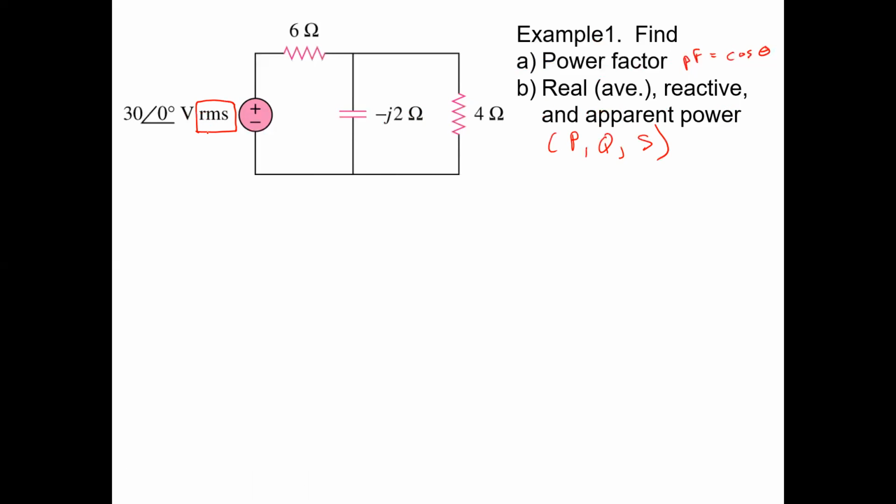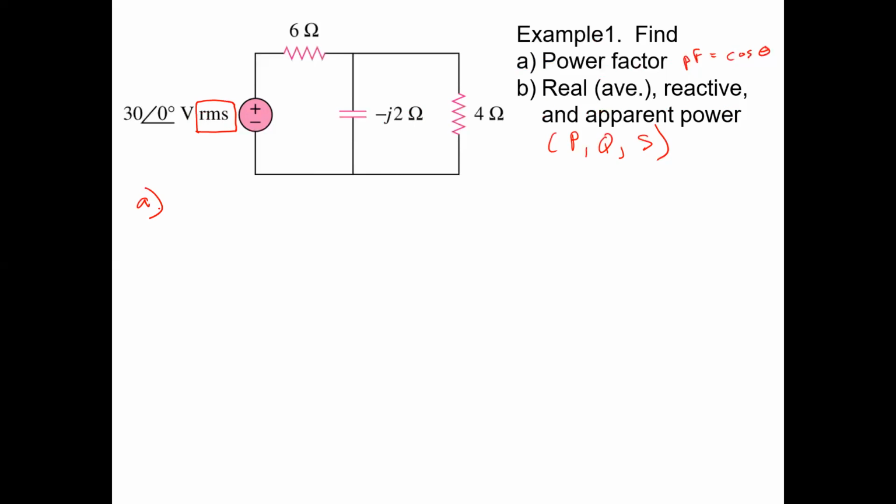That means we're going to use the formula without dividing by 2 in it, so you have to remember that. If you get to the point where you're calculating the complex power, you would just use the RMS values without dividing by 2, because they've already got that in there.